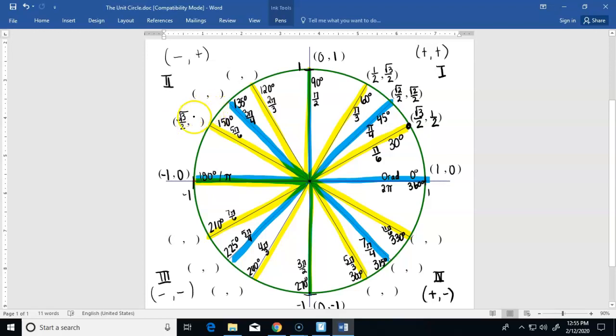So I have negative square root of 3 over 2, 1/2. Same thing, if I take this point right here and I flip it over here, it's going to be the same coordinate, but the x coordinate is going to be negative. And right here, I'm going to have 1/2, square root of 3 over 2, but that x coordinate is going to be negative.